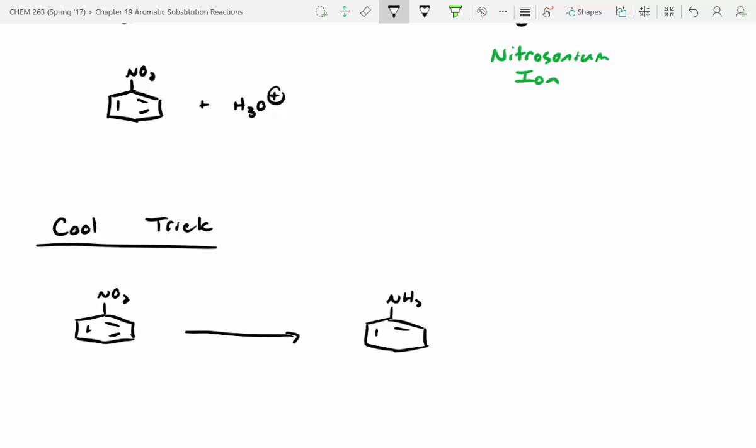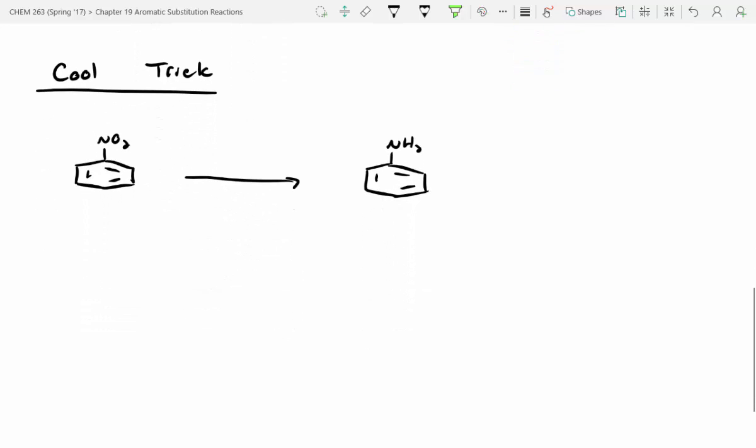What do we call this product? No, anisole. No. So it's aniline, not anisole. Anisole is methoxybenzene. I know it sounds really similar, but this is aniline. So we can make aniline derivatives from nitrated compounds.